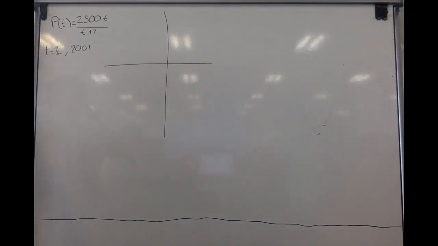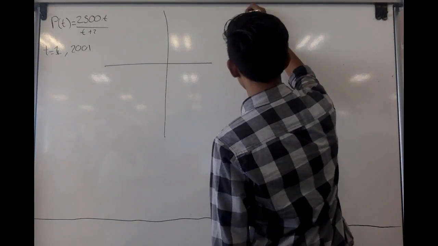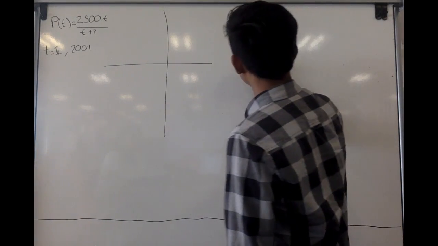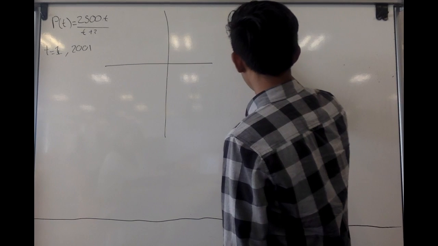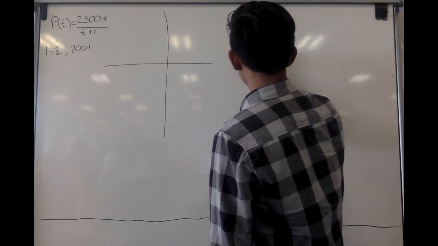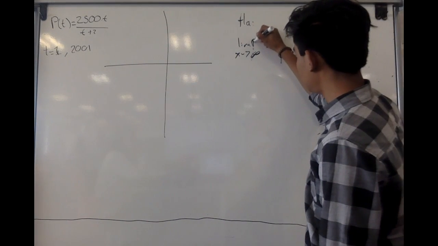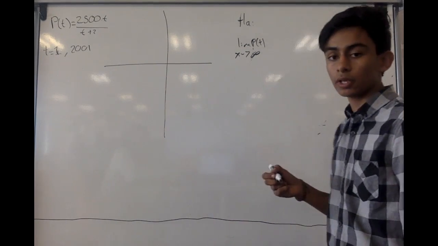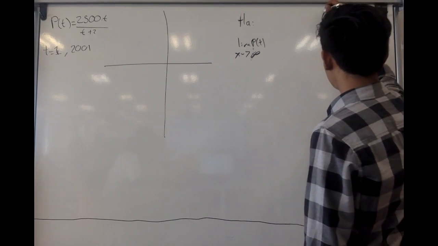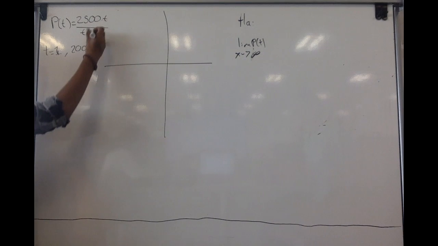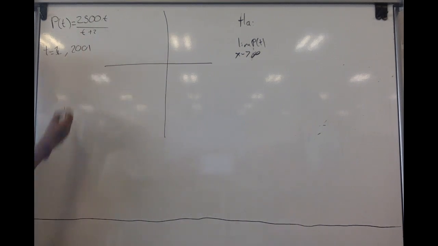First, to obtain the horizontal asymptote, we need to get the limits. Limit as t goes to infinity of the function P of t. As you know, to get the limits, we use the formula. The exponents are equal, so we divide the coefficients.